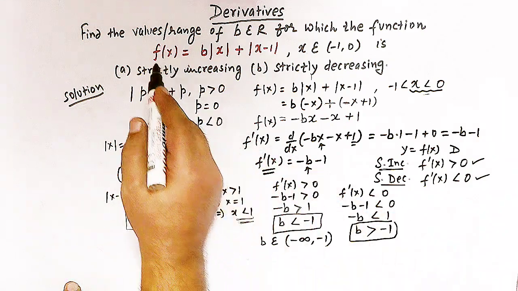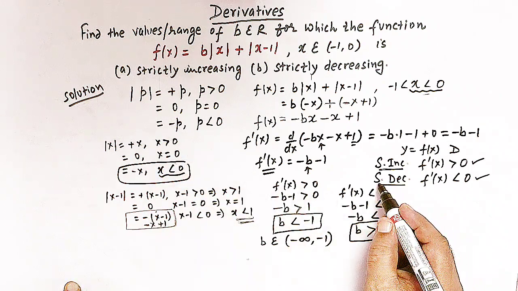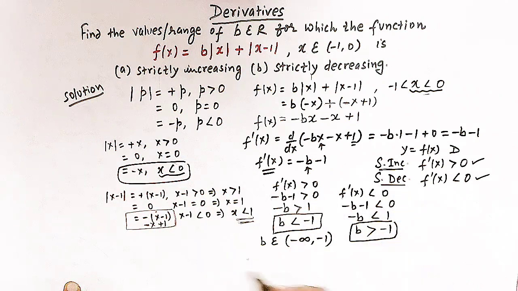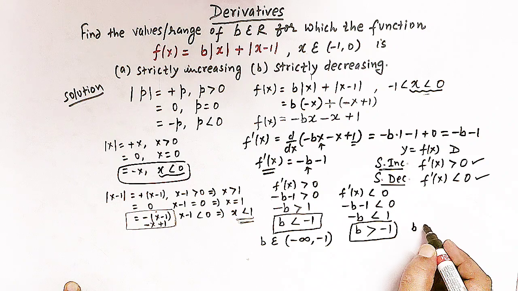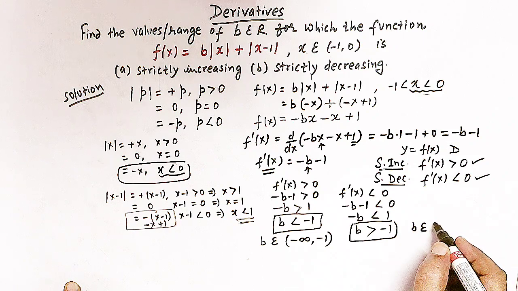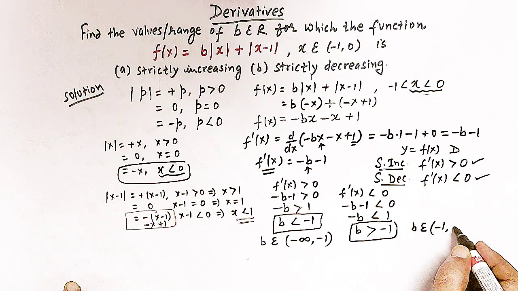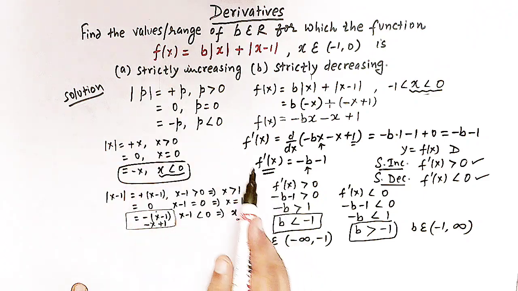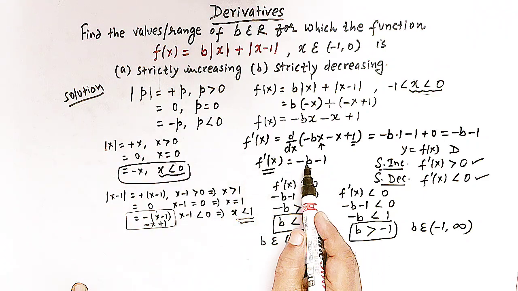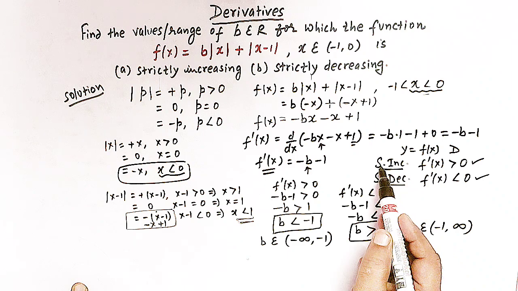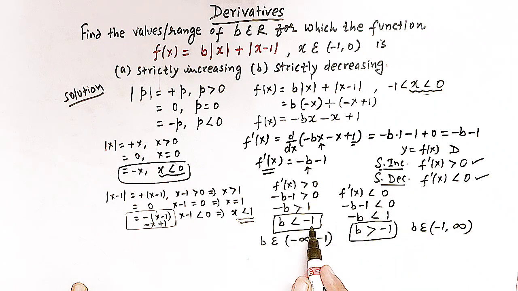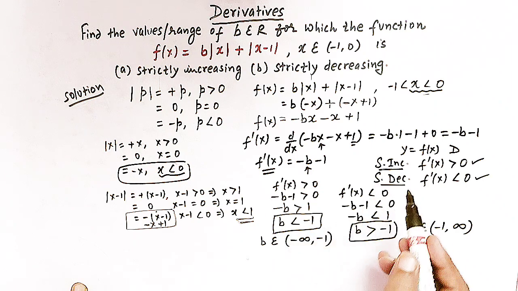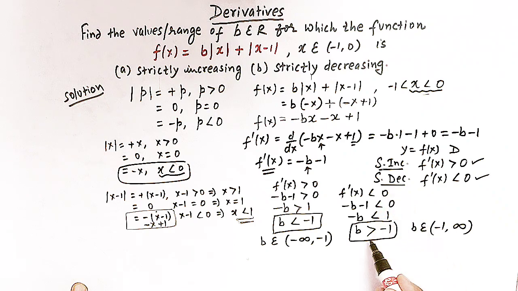So the function f of x is strictly decreasing when b belongs to the interval minus 1 to positive infinity. So this function f of x, whose derivative depends on the value of b, is strictly increasing when b is less than minus 1, and strictly decreasing when b is greater than minus 1.